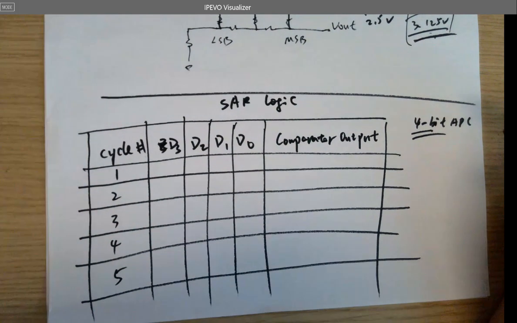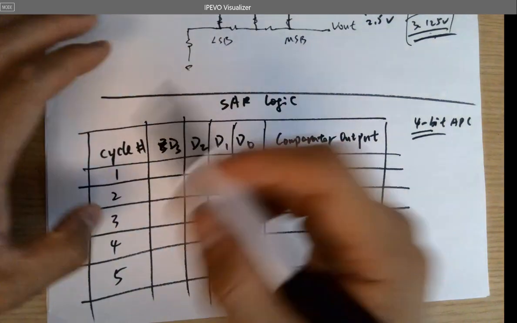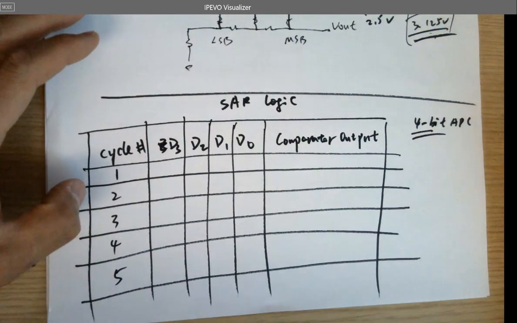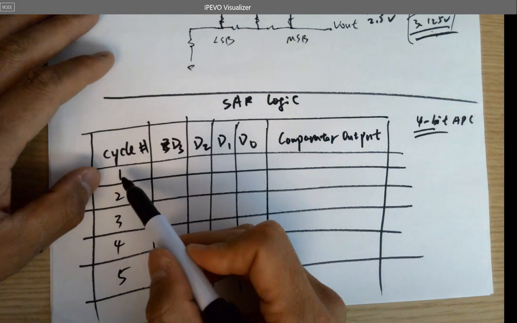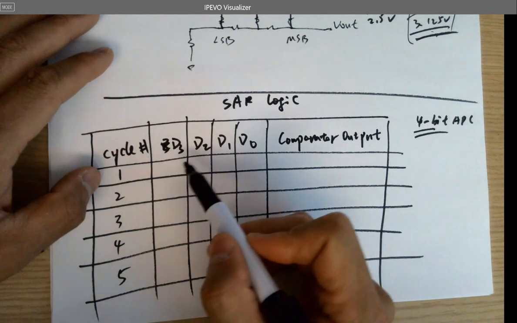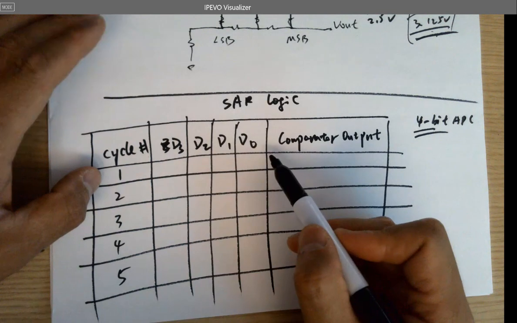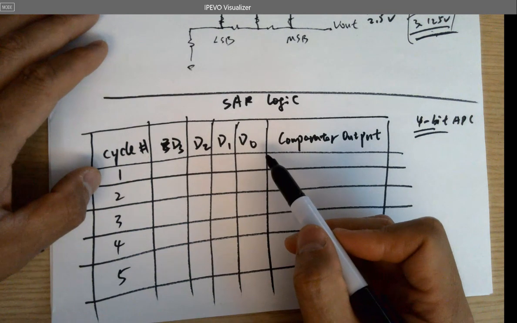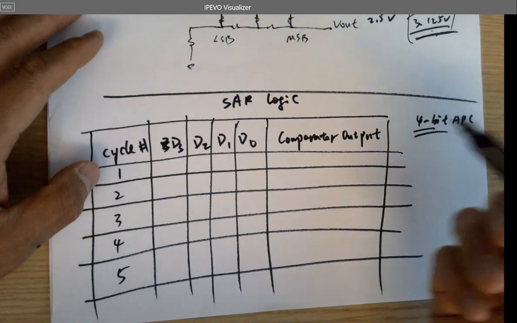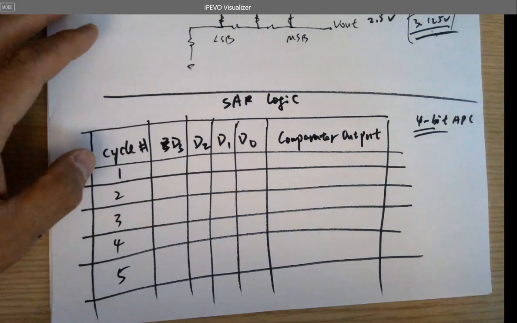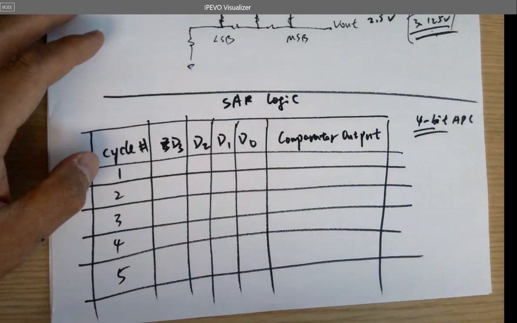We did it on Friday last week, showing all these intermediate numbers during the conversion, but now we're trying to reinforce it. So for cycle 1, what's the initial number for all the Ds? We can use circuits to reset it, just 1 and all zeros. We reset the first one to make it 1 all zeros.